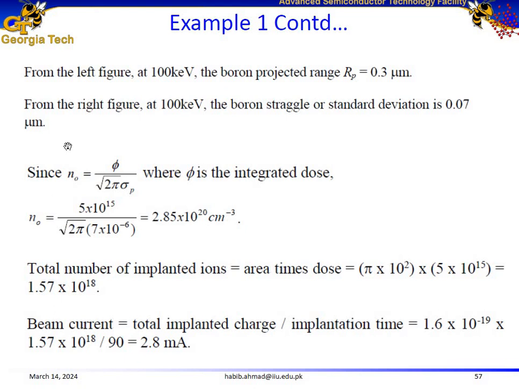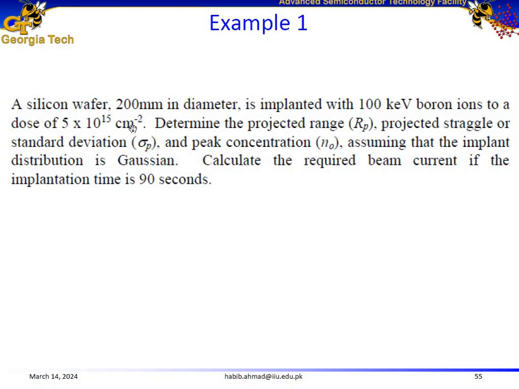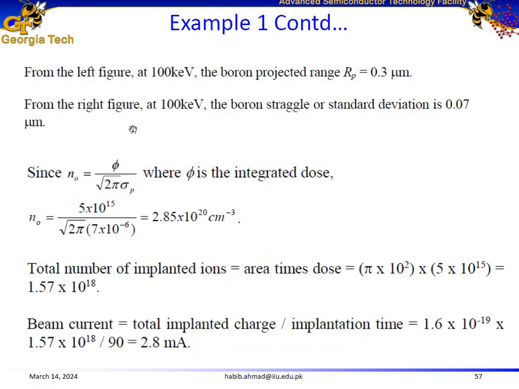And then we are required to calculate the peak carrier concentration, which is given by this formula from one of the previous slides, equal to dose divided by square root of 2 pi times the projected straggle. We already determined the projected straggle. The dose is given in the example. Insert the values of these parameters and the peak carrier concentration comes out to be 2.85 times 10 to the power of 20 per centimeter cube.